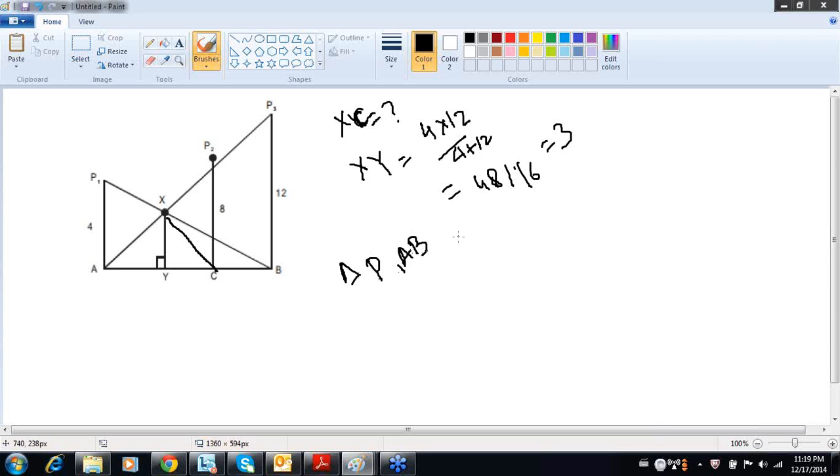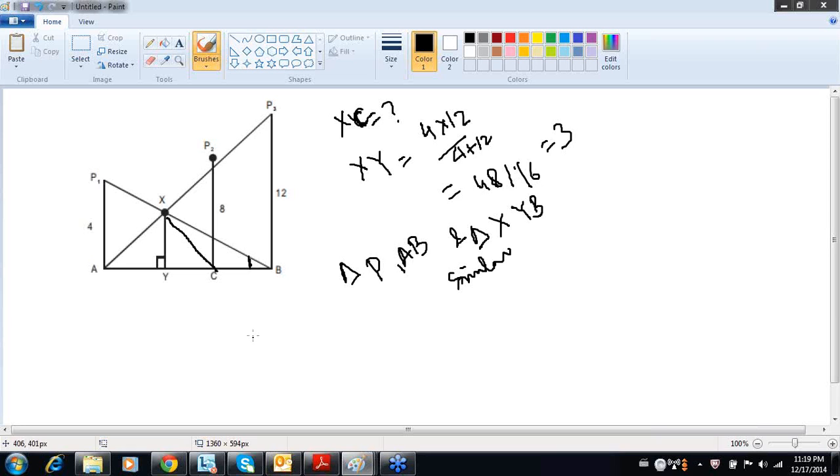Now in triangle P1AB and triangle XYB, these two triangles will be similar triangles, obviously, because this angle is same. These two are parallel, so the ratio is same. Obviously this is 90 degrees, this is 90 degrees, so two angles are same.